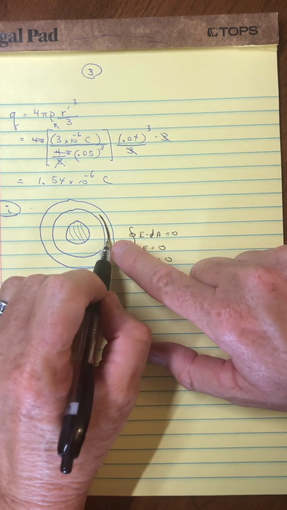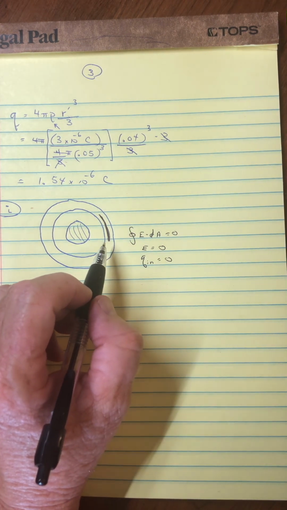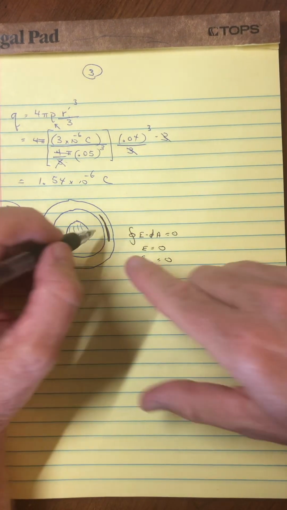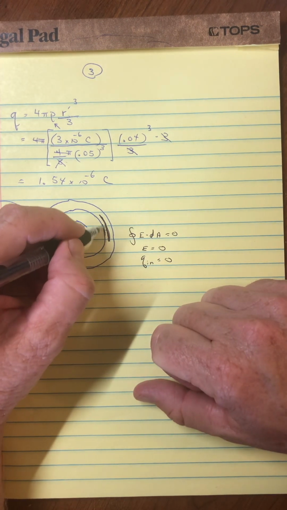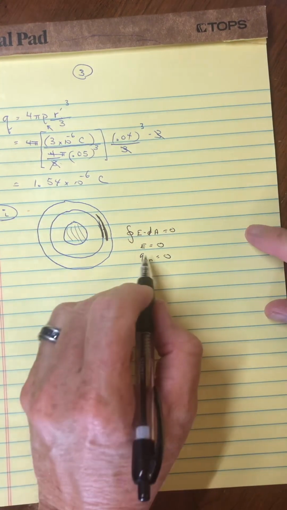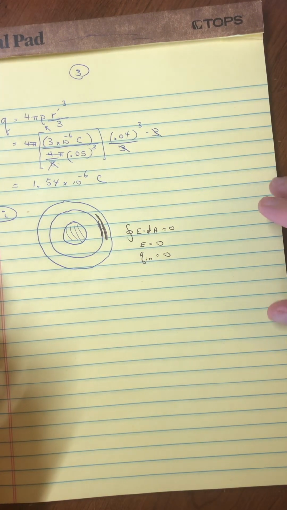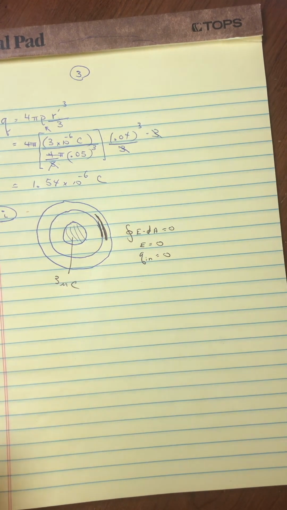And that would be true even though they asked me to do it at point C, which was at 12 centimeters. I could argue that that same Gaussian surface brought all the way up to the inner edge at just a hair greater than 10 centimeters would come up with the same thing. And this inner part has 3 microcoulombs of charge.